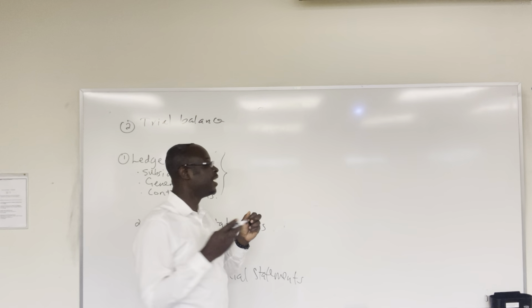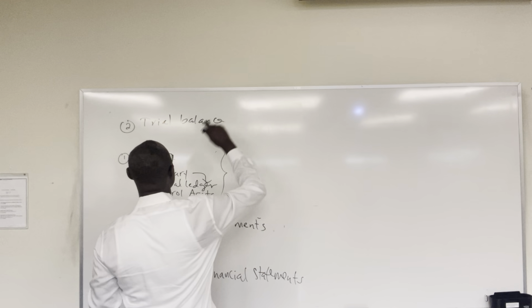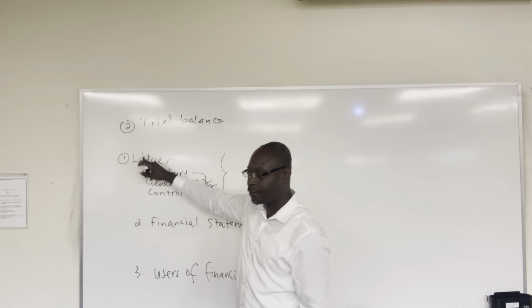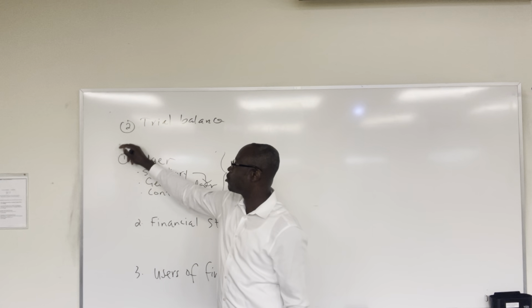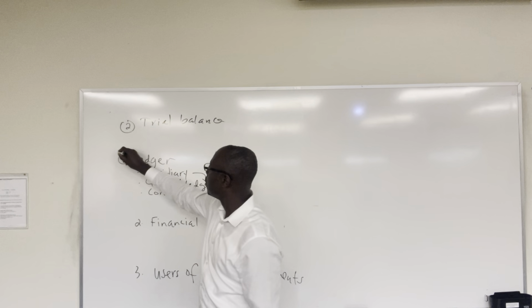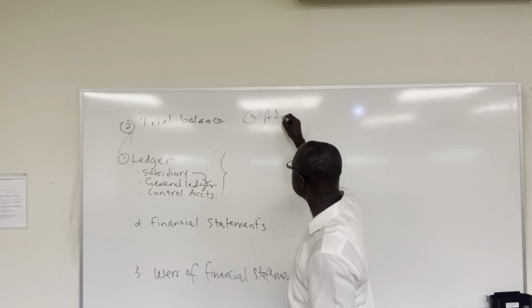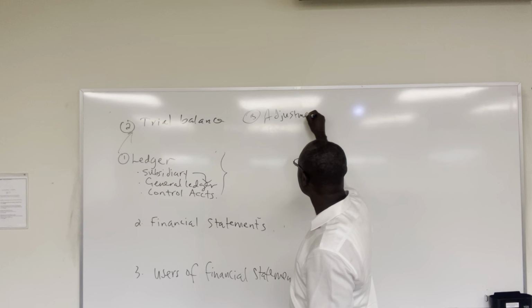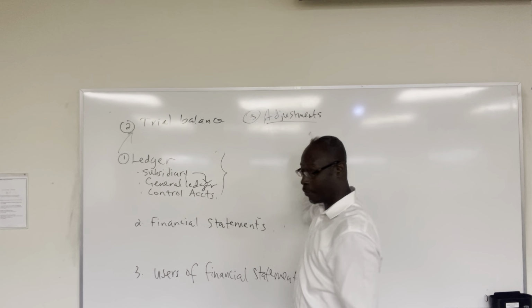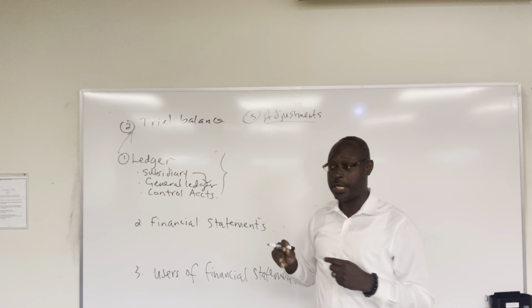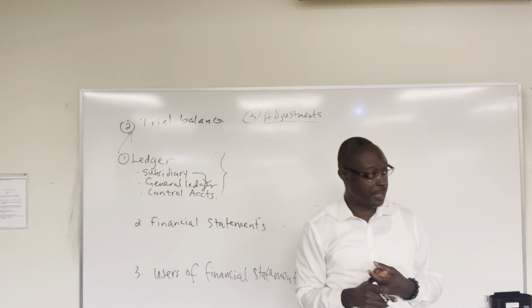All right, guys, so the accounting cycle is what we are learning. We said that we start with the ledger, we go to the trial balance, and then from the trial balance, we are going to do adjustments. And the adjustments is what we went through. Just to recap, we said that we're going to adjust for depreciation and amortization.